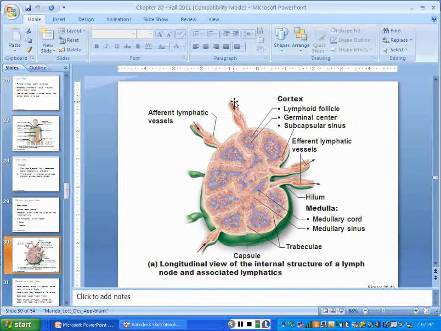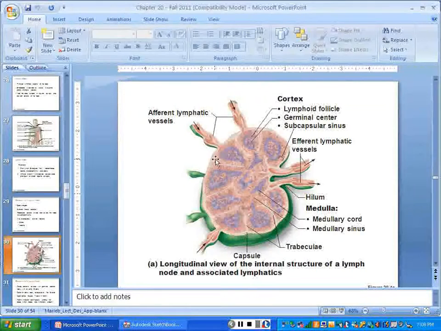The purpose of this is to allow the fluid to come in this side of the lymph node through its vessels, to build up in the lymph node and to get circulated through the lymph node, pushed through the different various compartments, because it's kind of compartmentalized by the parts of the capsule that penetrate in that we call trabeculi.